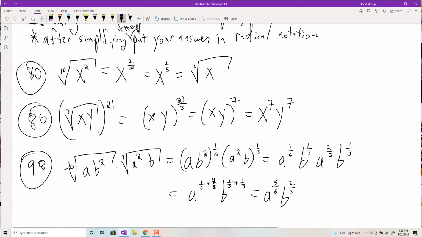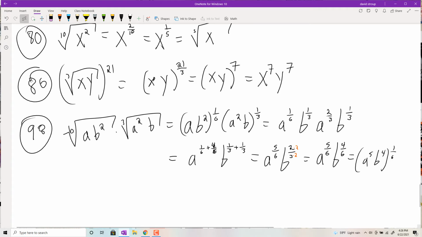In that second fraction in the exponent I multiply top and bottom by 2. Then I'll have a to the 5/6, b to the 4/6, and then I can factor out the 1/6. This will look weird, but it works: a to the 5th, b to the 4th, raised to the 1/6, and then I can rewrite that as the 6th root of a to the 5th, b to the 4th.